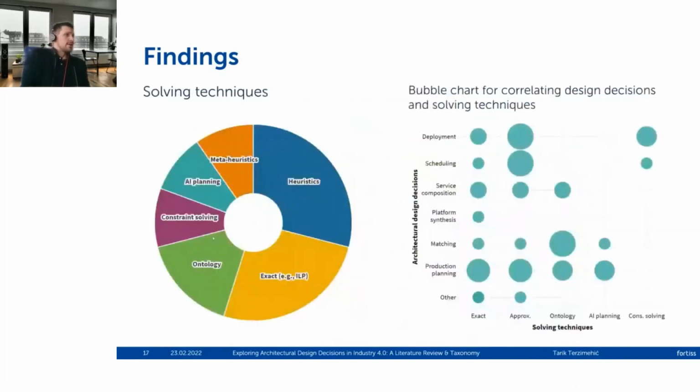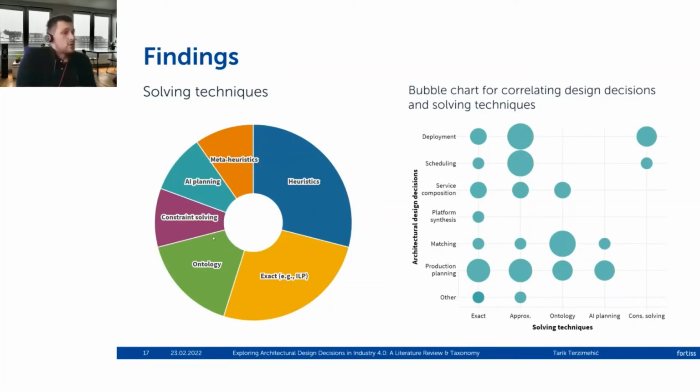Regarding solving techniques, we see here on the left side quite an underrepresentation of the meta-heuristics. This is a little bit contrary to the trend in generic search-based software engineering, where meta-heuristics are the most popular ones, but here we don't have them. In Industry 4.0 we usually meet exact techniques like ILP, integer linear programming.